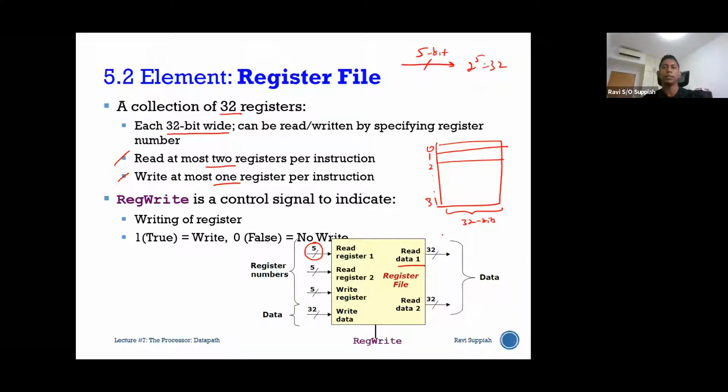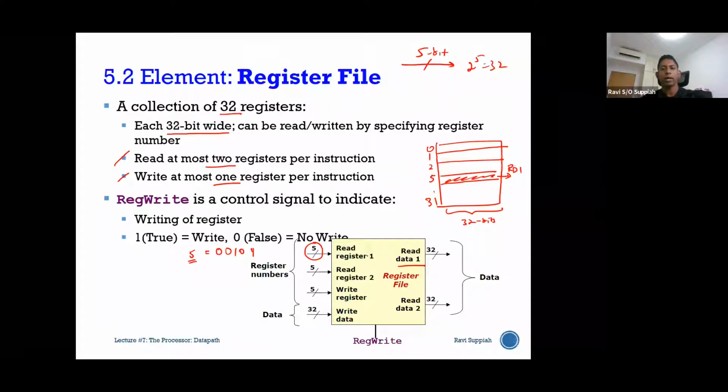For example, let's say the data in read register 1, these 5 bits, is 00101. 00101 is the value 5. That means I want to go to register 5, take the data in register 5 and put it out to read data 1, RD1 here.